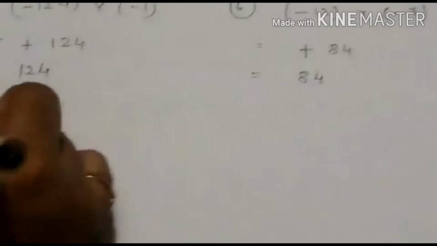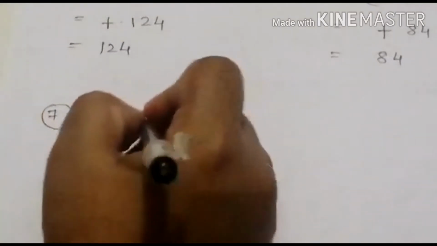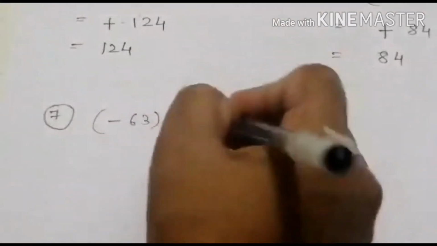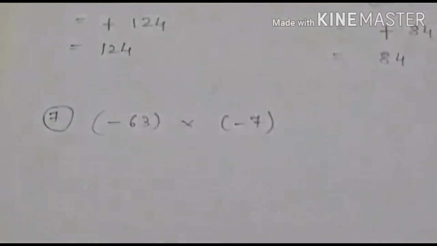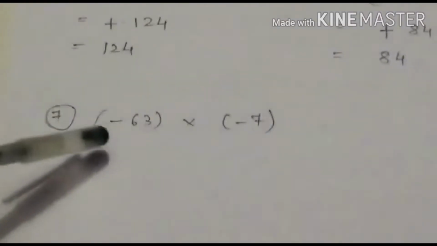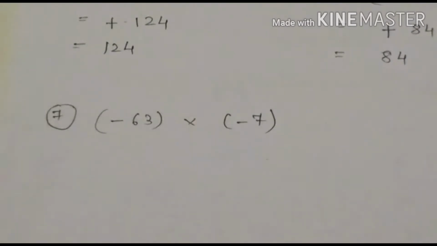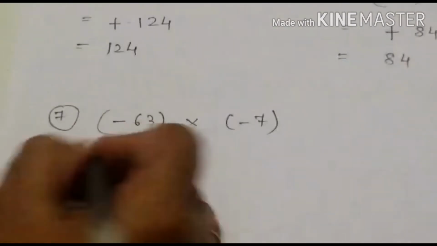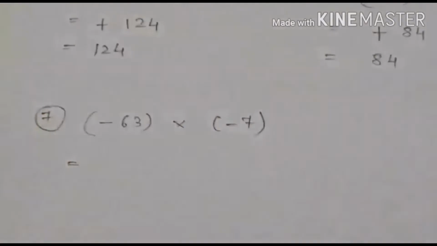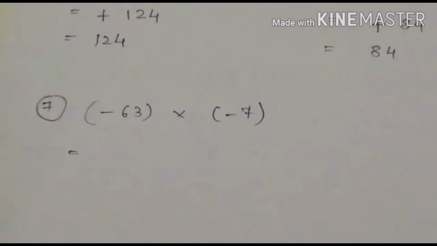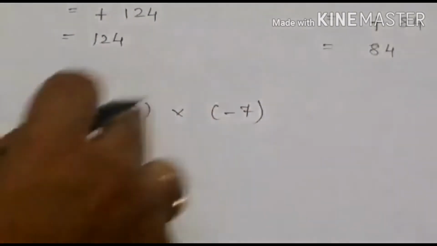Seventh example. Minus 63 multiplied by minus 7. The seventh example, minus 63 multiplied by minus 7. See the signs. Minus minus is plus. Multiply the numbers.